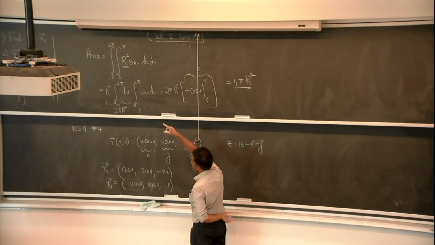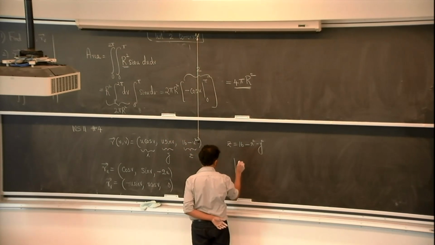Then, so that was my step 1 there. Find RU and RV. Find the cross product RU cross RV.